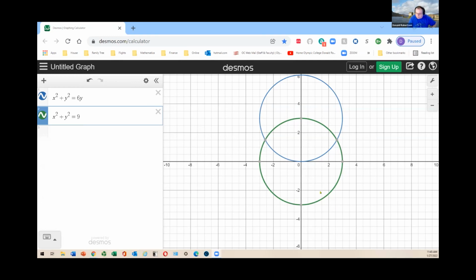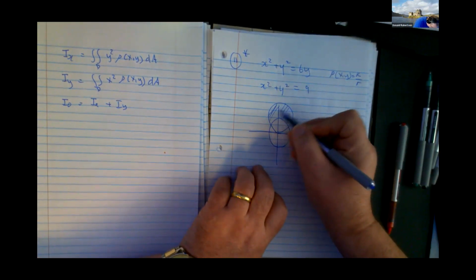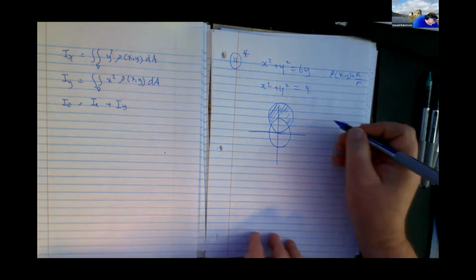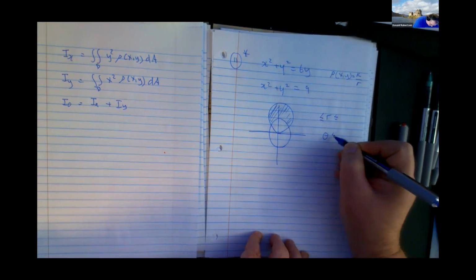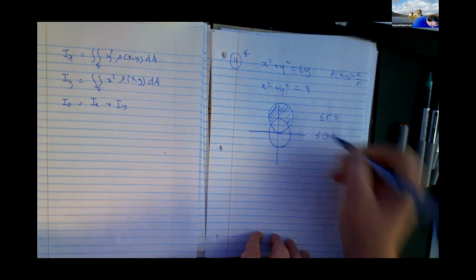So are you happy that Desmos makes drawing these shapes 9 times easier than if you had to figure out what x squared plus y squared equals 6y looked like? Now, we need to set up limits of integration for r and for theta.